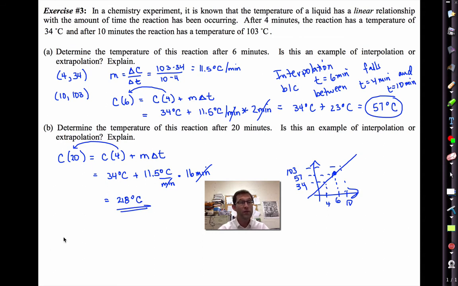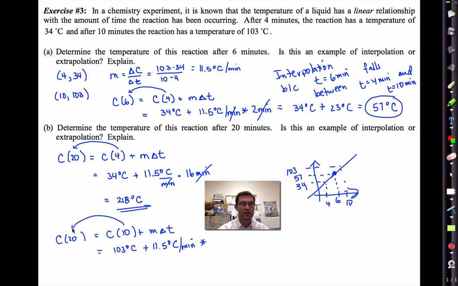Or you could say, maybe C20 is equal to C10 plus M times delta T. This would be the way I'd go if I had no calculator. C10 is 103 degrees Celsius plus 11.5 degrees Celsius per minute times delta T, which here is 10 minutes.